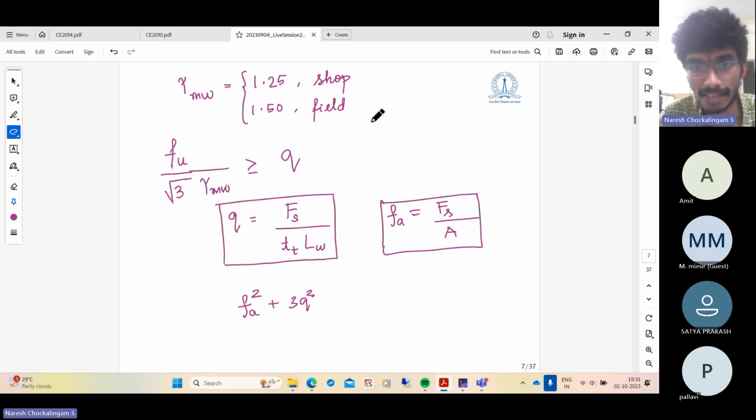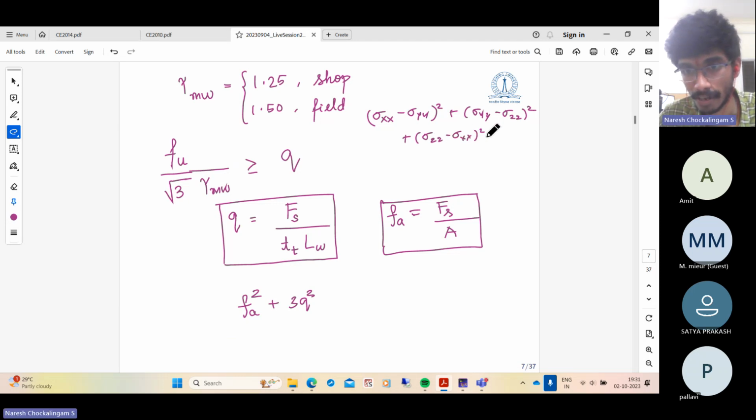If you remember, the von Mises yield criteria from the strength of materials is given as sigma xx minus sigma yy the whole square plus sigma yy minus sigma zz the whole square plus sigma zz minus sigma xx the whole square plus 6 times sigma xy square plus sigma yz square plus sigma xz square. So this entire thing divided by 6.